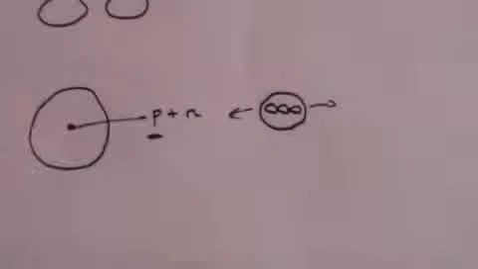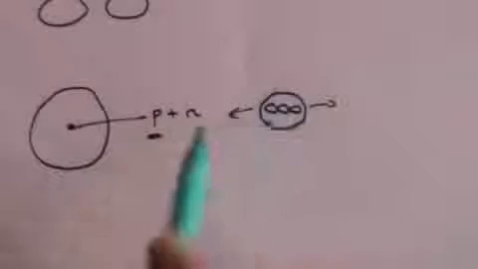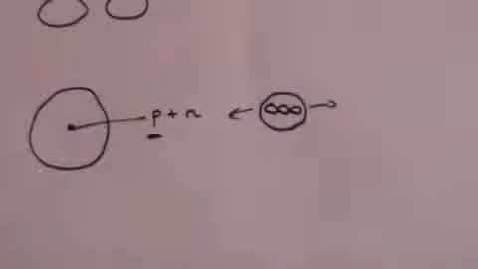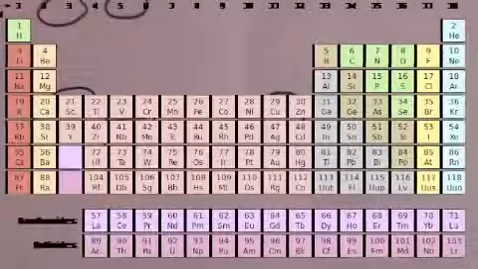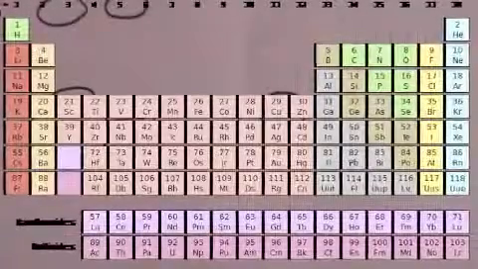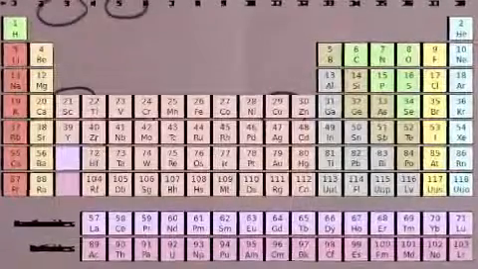But what we do notice is that atoms with about 100 protons in their nucleus tend to break up. And that suggests that the nuclear force which is holding the nucleus together is about 100 times stronger than the Coulomb force. As I said, the periodic table shows elements in order of the number of protons in the nucleus.